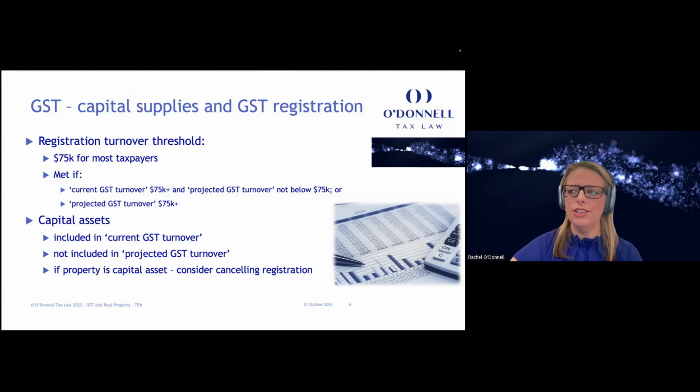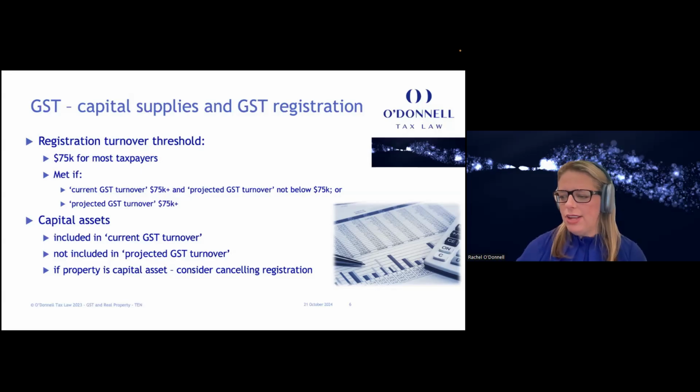So you can't have a situation where the current GST turnover is above the threshold and the taxpayer, if you like, just pretends that they are below the $75,000 projected GST turnover. So the Commissioner can't act unreasonably, but the Commissioner needs to be satisfied. Usually that only comes up if you've got a line ball issue or if you've got a taxpayer that's really not doing something that they should be doing. Usually it's a little bit more clear cut than that.